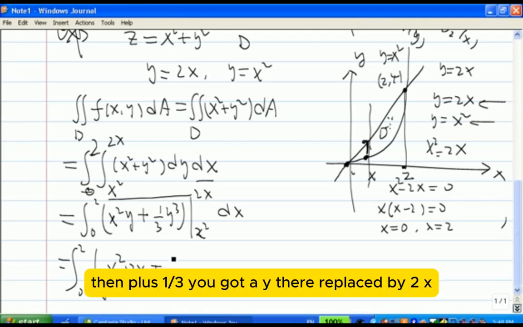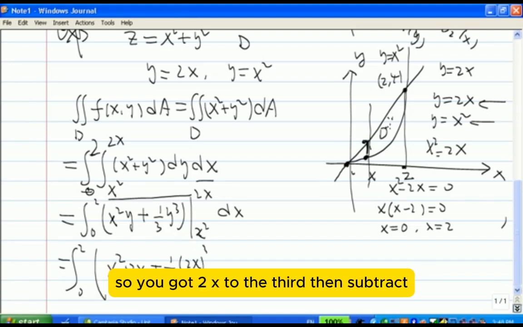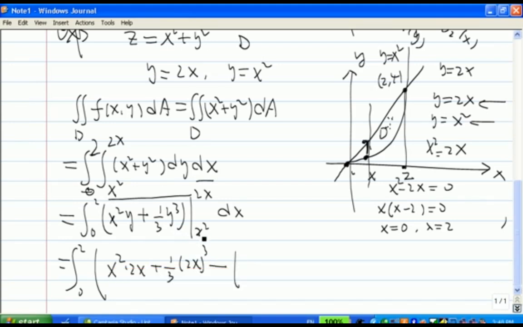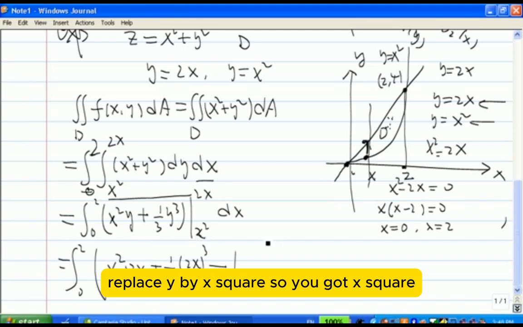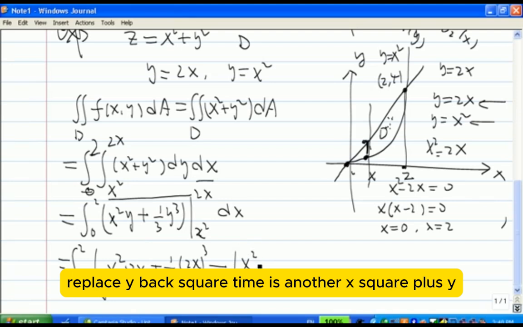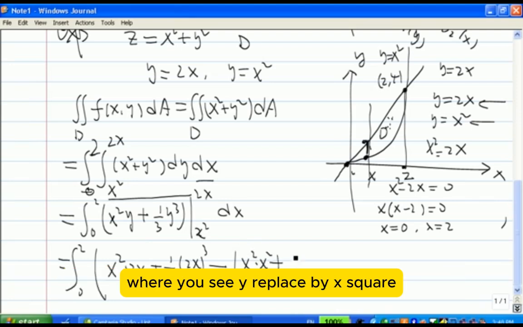Then plus 1/3, y replaced by 2x, so you get 2x to the third. Then subtract, same thing, replace y by x squared. So you get x squared times another x squared, plus whenever you see y replaced by x squared, you get x squared to the third.